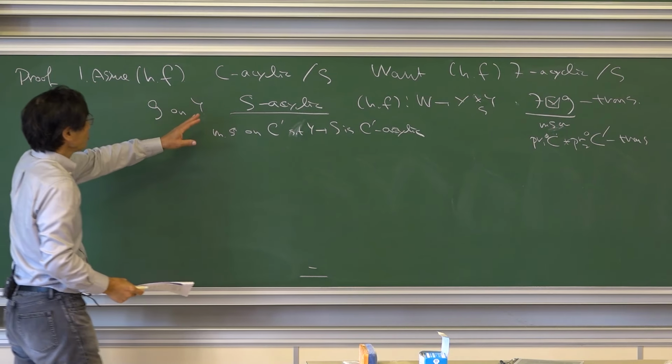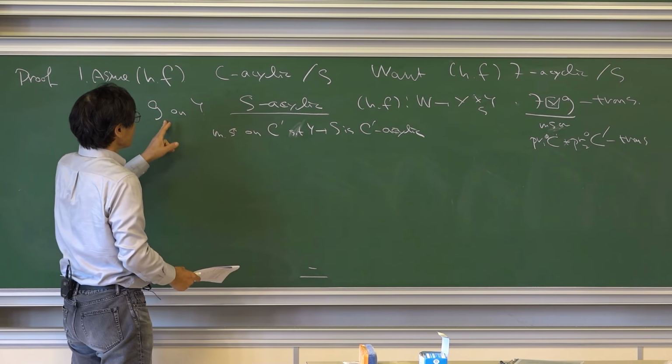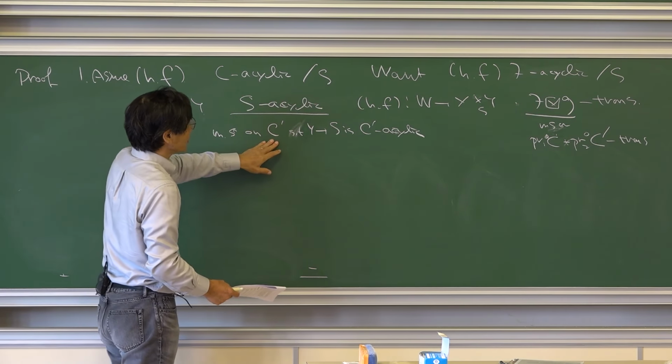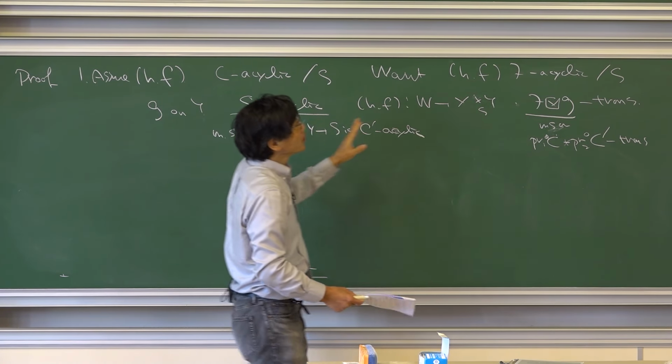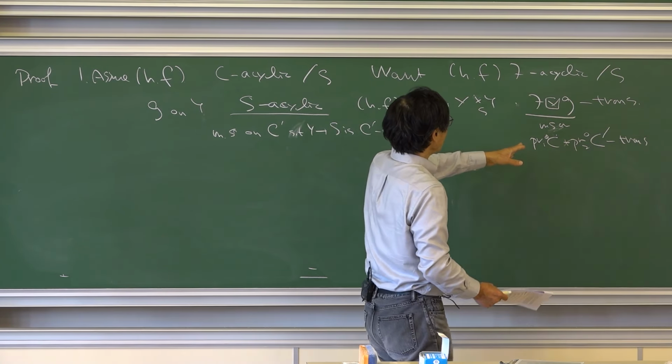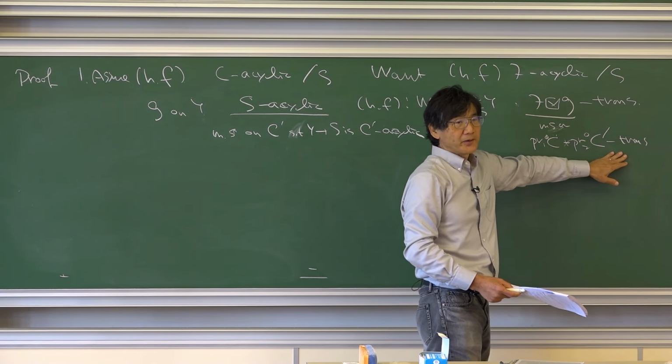Yeah, thank you. So G is S acyclic. That means G is micro-supported on such C prime, and by that example, this motion is transversal.